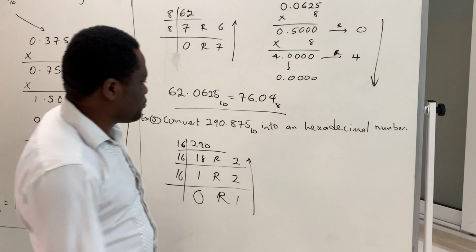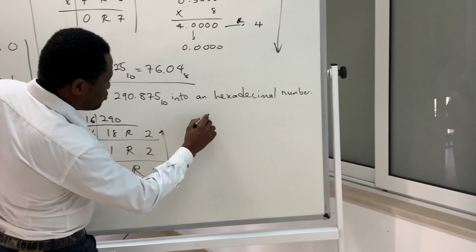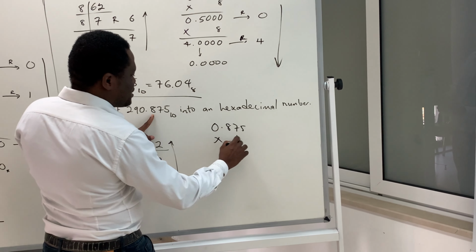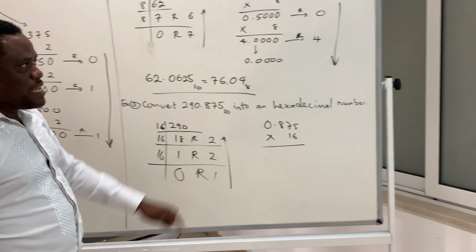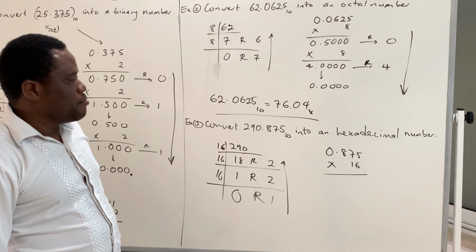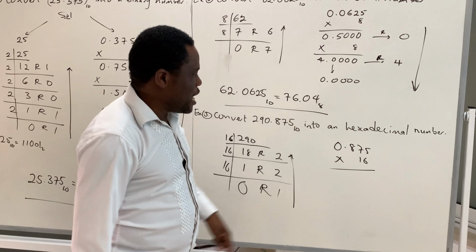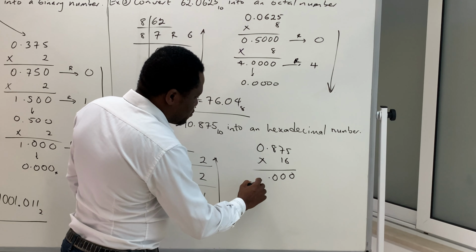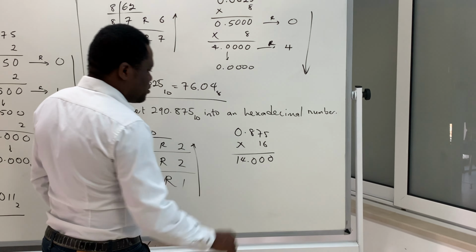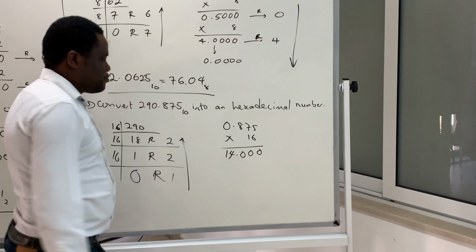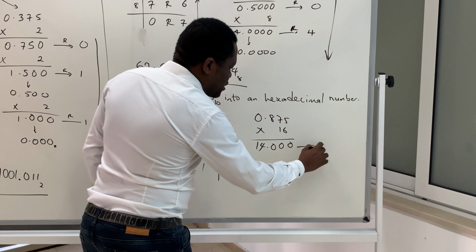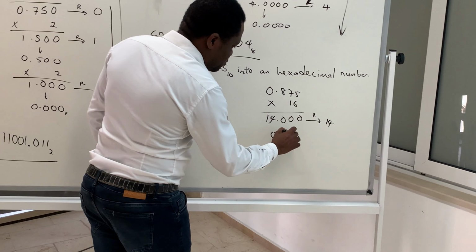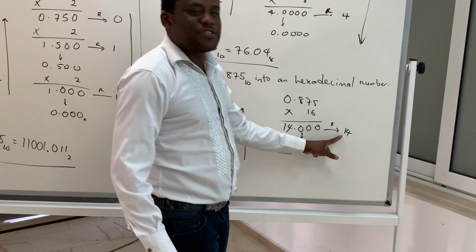Now, this part. This is called 0.875 times 16. Multiply 16 by this guy. We're going to get 14. So if 14 is out, what's left here is 0, 0, 0, 0. So this was very fast. But can we write 14?